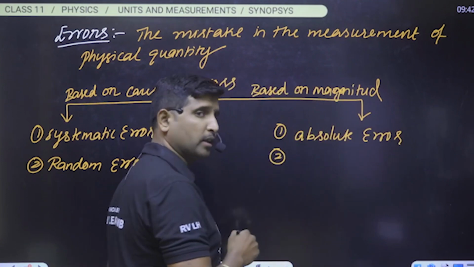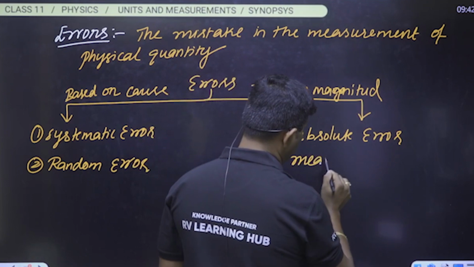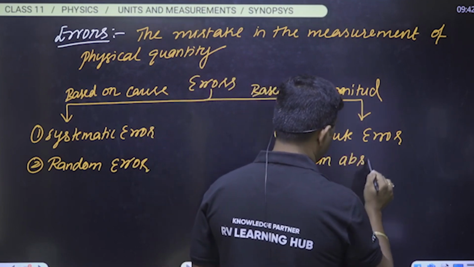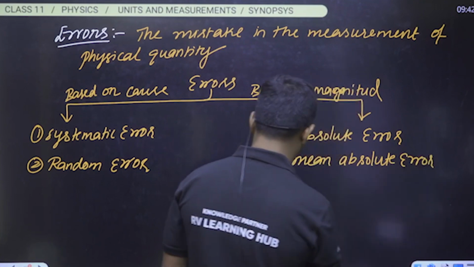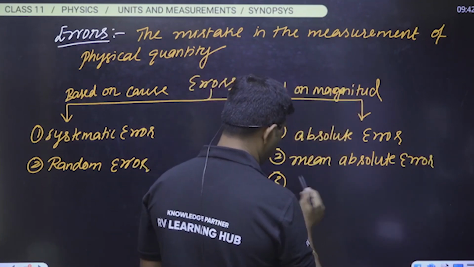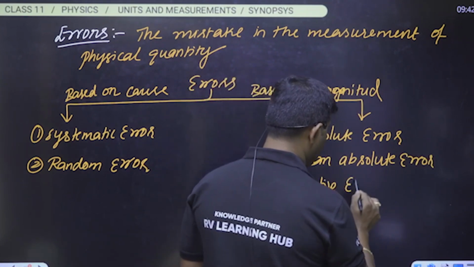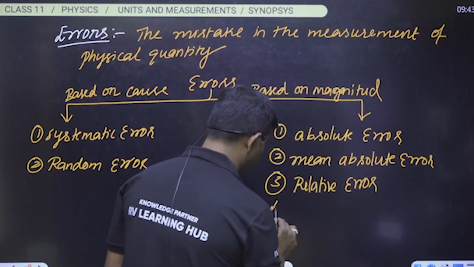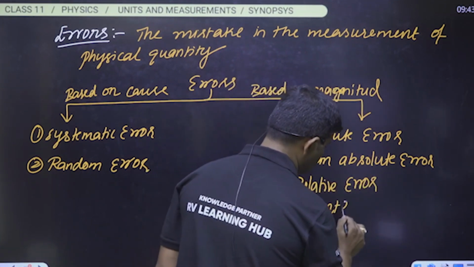And the second one we can go with is mean absolute error. The third one is fractional error, also called relative error. And the fourth one is percentage error.